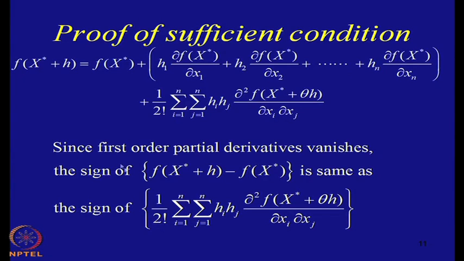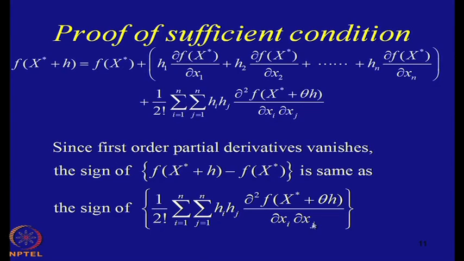That is why the left hand side expression, f of x star plus h minus f of x star, depends only on the term 1 by 2 factorial, double summation over i and j, both running from 1 to n, h i h j del 2 f of x star plus theta h by del x i del x j. I have shown you that this expression involves second order partial derivatives.